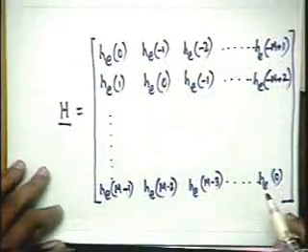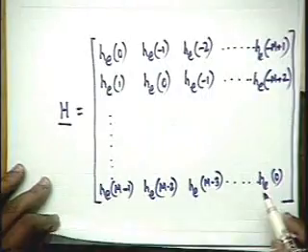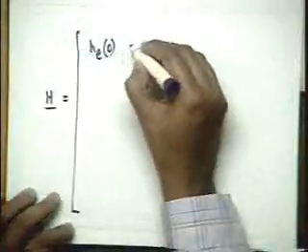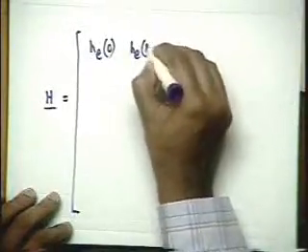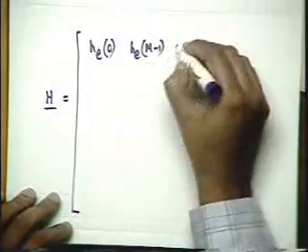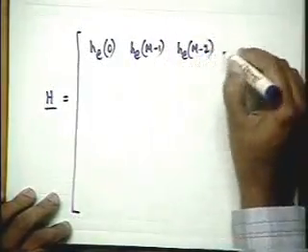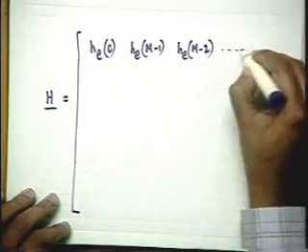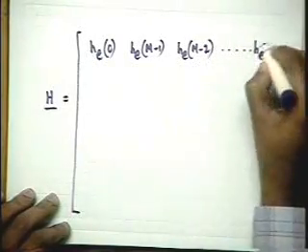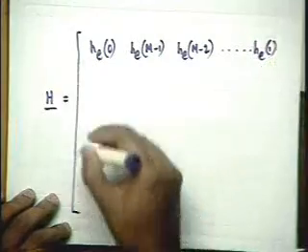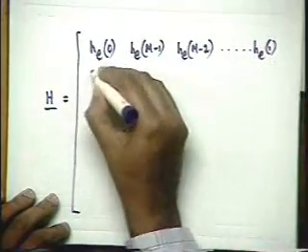What can I write for that? h_e(M minus 1). By making use of the periodic property, then h_e(M minus 2). And the last element? h_e(1). Very good. What is the next row?